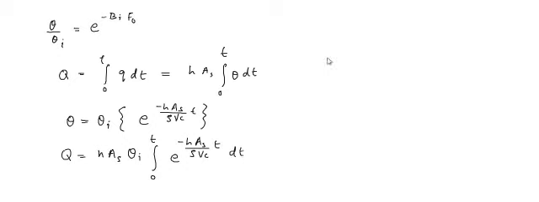Now to integrate this, let us see the general formula. If we just keep the integral, without the limits for the time being, the integral of e raised to minus ax is equal to 1 by a, with a negative sign, times e raised to minus ax.